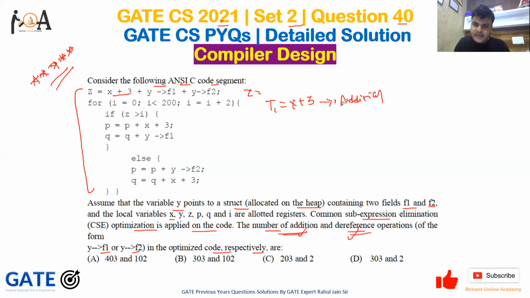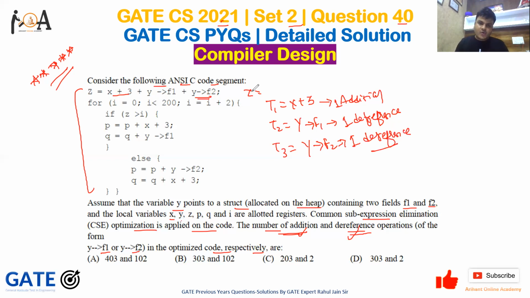And t2 equals y->f1. It is one dereference. Then we have t3 equals y->f2. It is again one dereference.